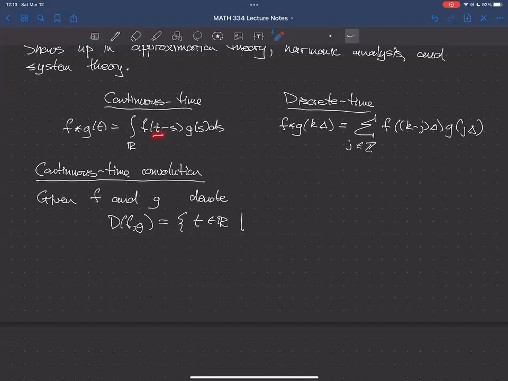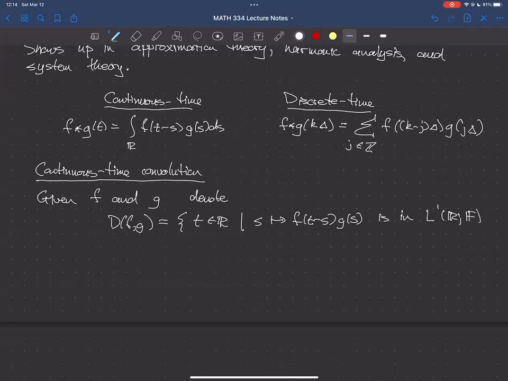And so t with respect to this integral is fixed, and so when you fix a t, it has to be the case that as a function of s, the corresponding integral exists, and so that simply means that this function s goes to f of t minus s, g of s is in L1.